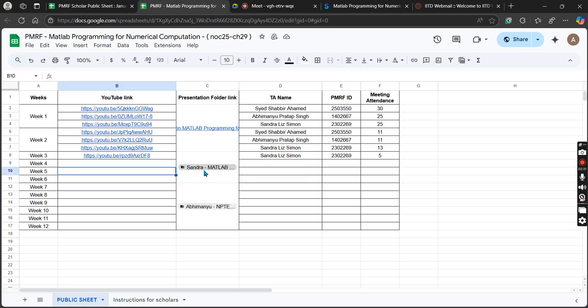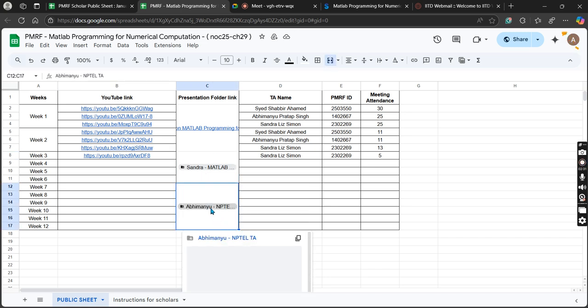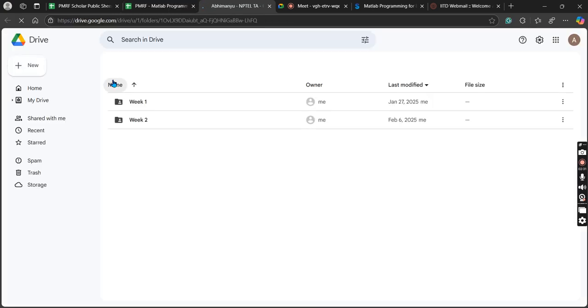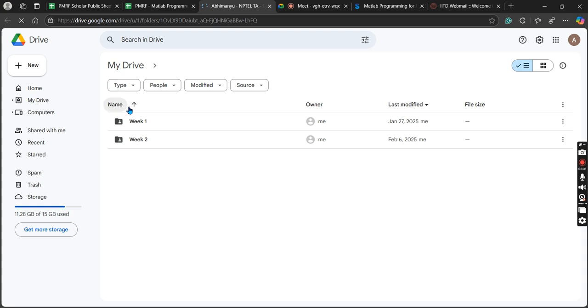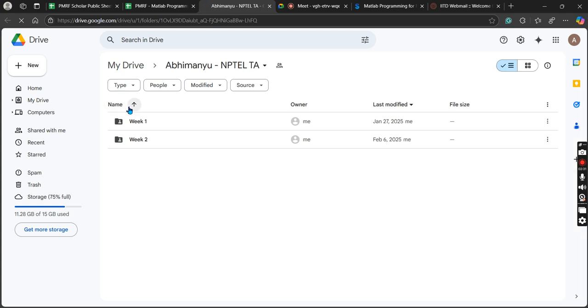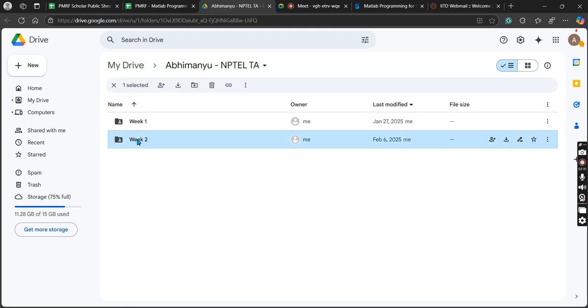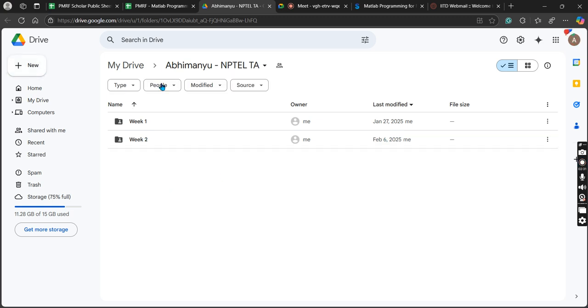The second one is from Sandra, and the last one is mine. So you can see the codes as well as the PPTs over there. I will also upload the books over there. I will make one folder for books and upload the books over here. Yeah, please. Both with respect to MATLAB and even numerical analysis and numerical methods so that we can get enough concepts.